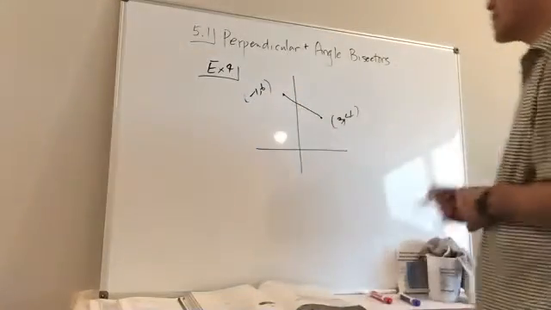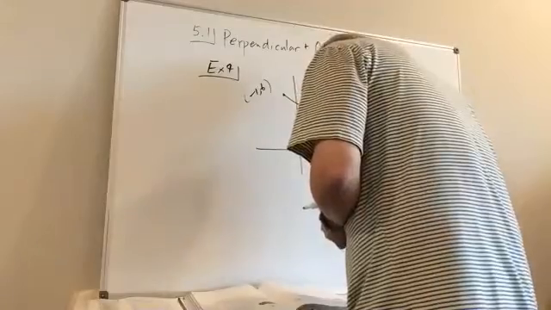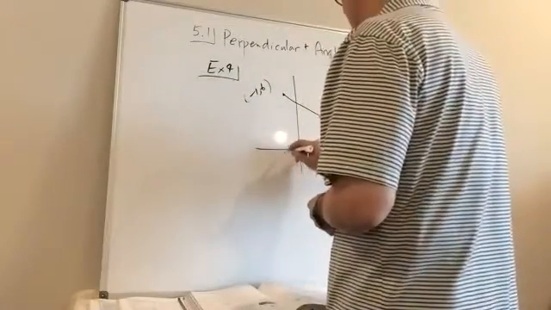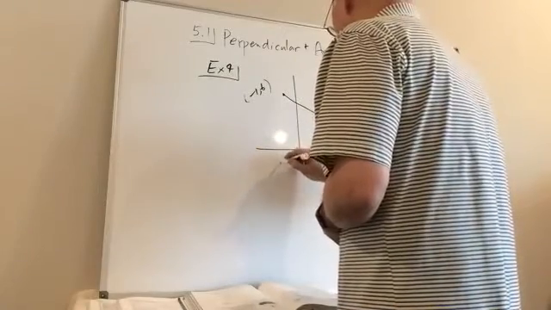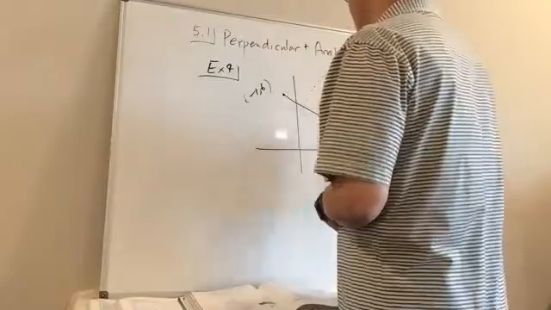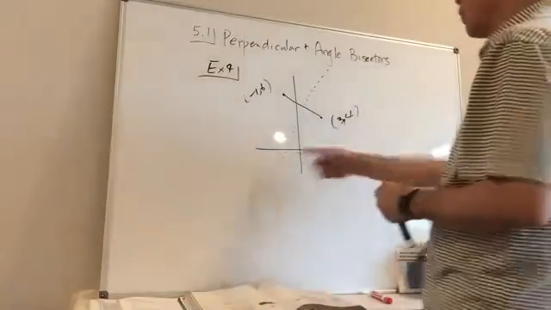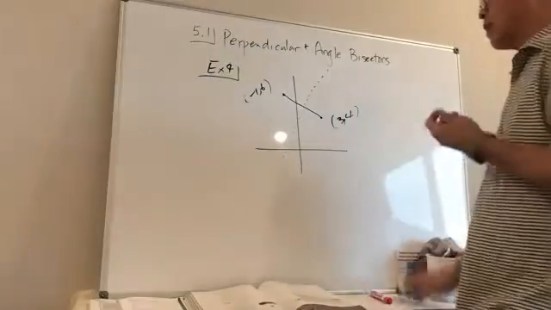So I'm going to have this guy. I know this is the segment. And I want to find the perpendicular bisector, which is going to look something like this, okay? So I want to find this line.